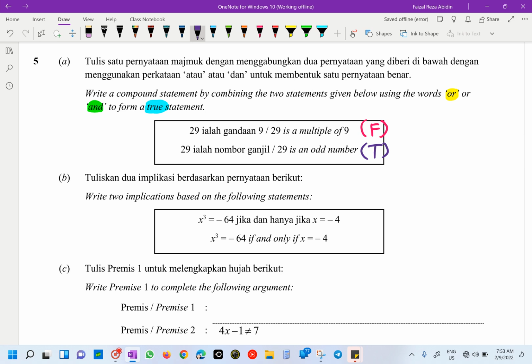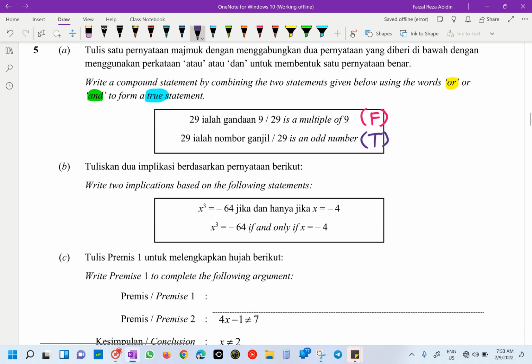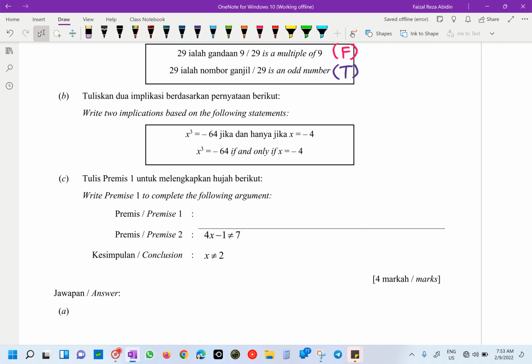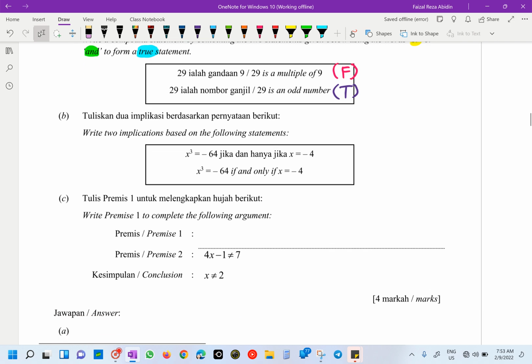So for this question, it is not just that you put or. Dalam pentaksiran sumatif ni saya kesian lah, dia orang tulis or saja, saya bagi markah. Ya ke? Saya tulis or tapi tak dapat. Kesian. Okay, supposedly you are going to combine, sebab dia kata kat sana, write a compound statement, isn't it?